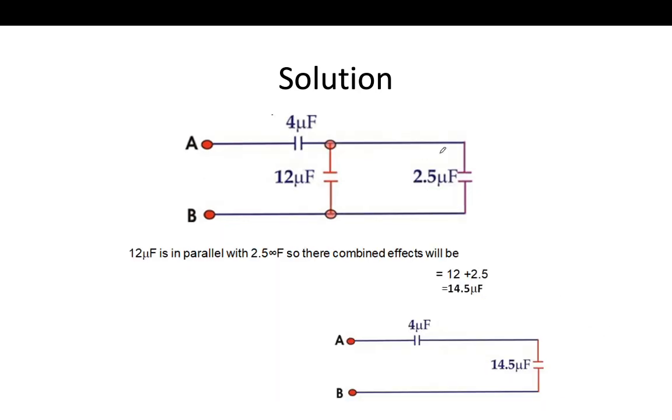Let's move forward. Now we have three capacitors, 2.5, 12 and 4. We take these two capacitors, 12 and 2.5, and they are parallel to each other. What we do when the capacitors are parallel is we just add them. 12 plus 2.5 is equal to 14.5 microfarad.